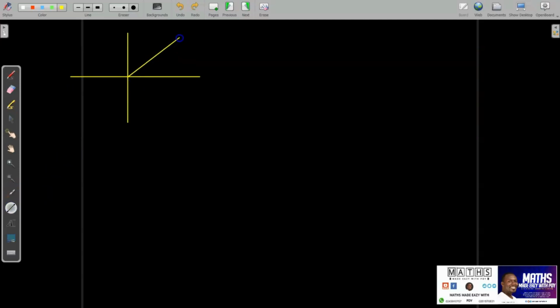That's why I always say that you need to learn with understanding. Now, I have an angle here, theta. That theta has been drawn towards the x-axis. So there's nothing that you need to do or subtract. You maintain it as it is.